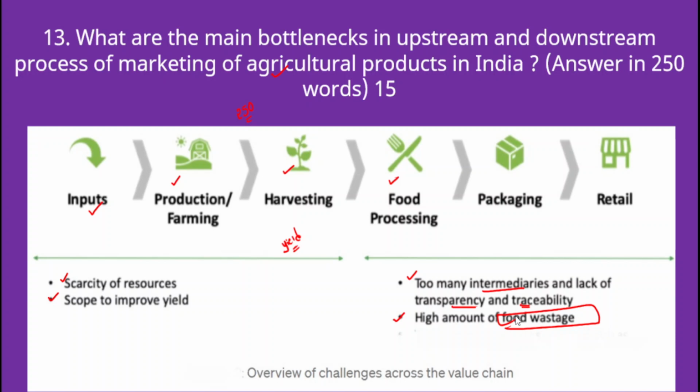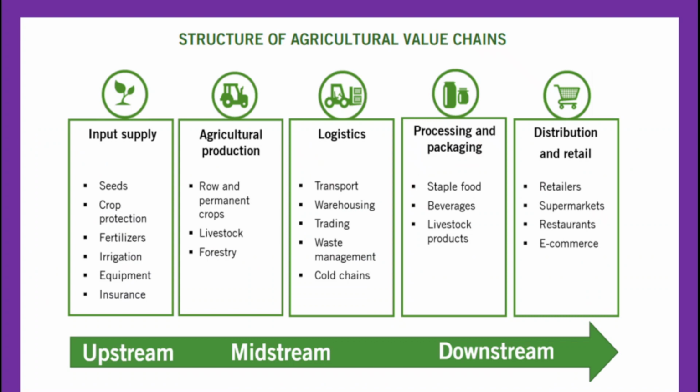Now after that we need to talk about the structure of agricultural value chains. So what exactly is the structure of the agriculture value chain? Now if you look at this image carefully, here there's an upstream, a downstream, and connecting both upstream and downstream there's a midstream.